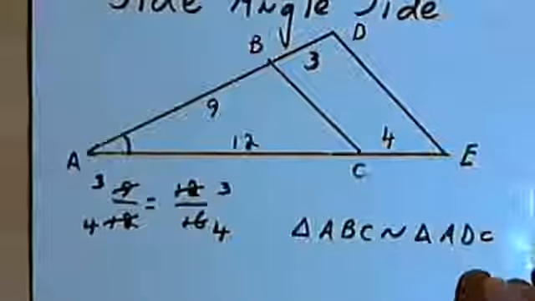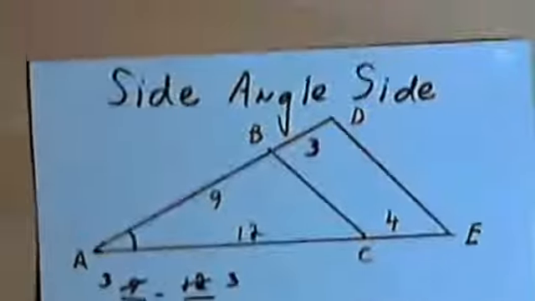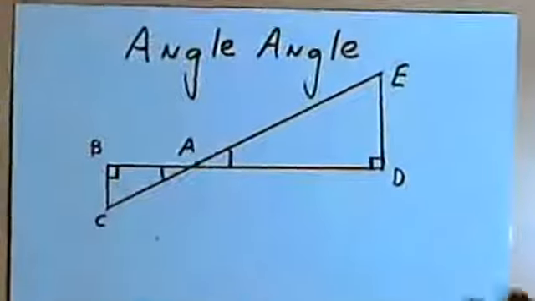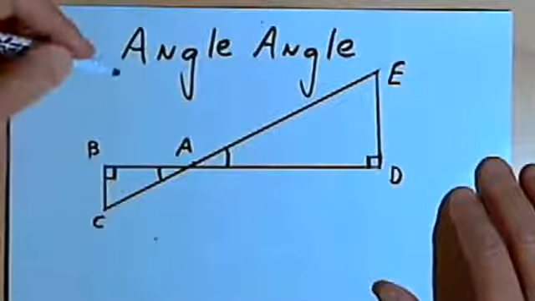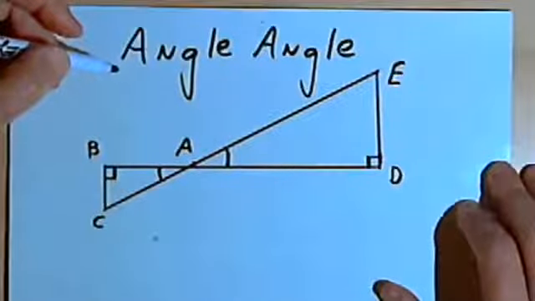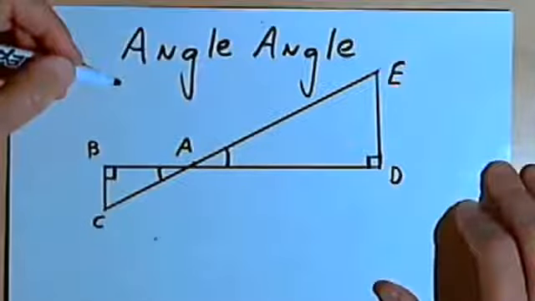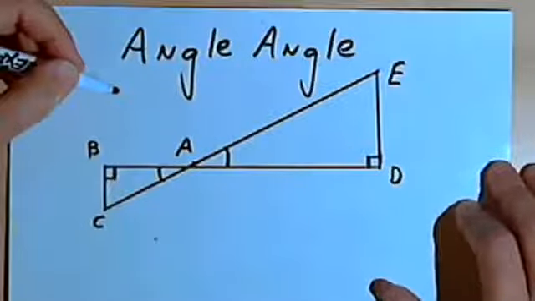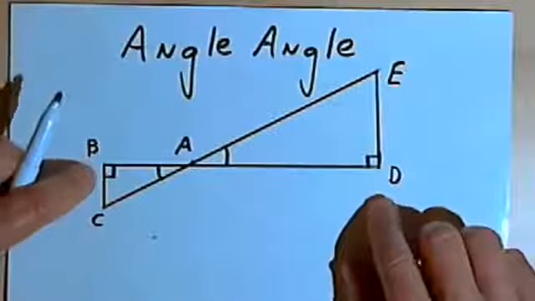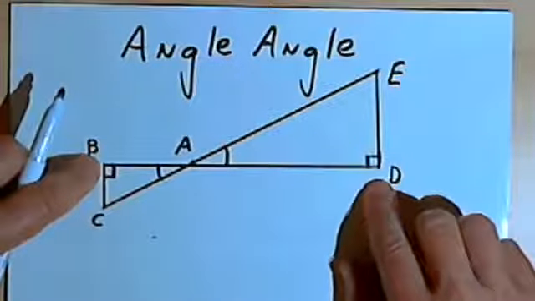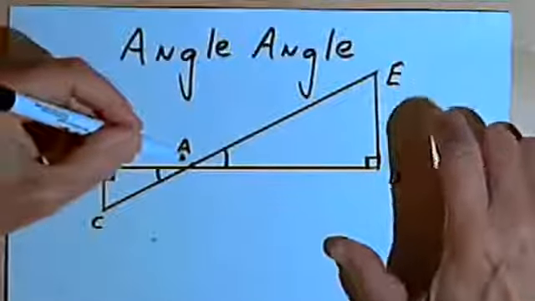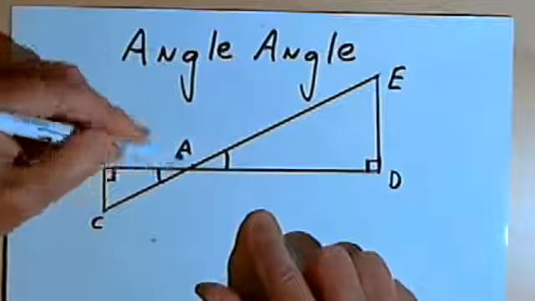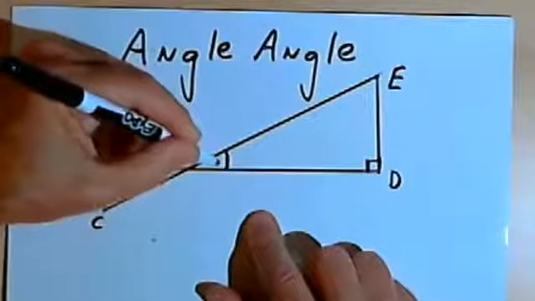Okay, let's do angle-angle similarity. With angle-angle similarity, we say that two triangles are similar if they have two pairs of corresponding angles that are congruent. So here I've got two lines, BD and CE, and these lines intersect at point A. So at point A, we have vertical angles.